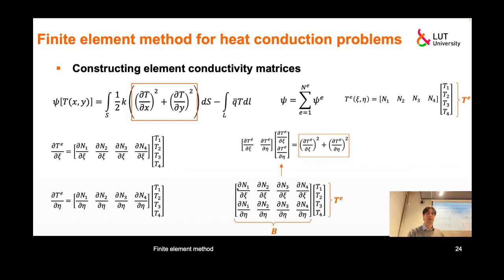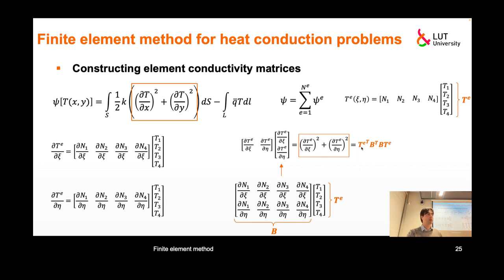So I can calculate it as a transpose of this product of B and T^E, which really results in a product of T transpose with B transpose. Okay, so this entire thing, this product of two matrices, or in other words, this sum of partial derivatives, using our finite element approximation, we are talking about what's happening inside each element, can be calculated this way.